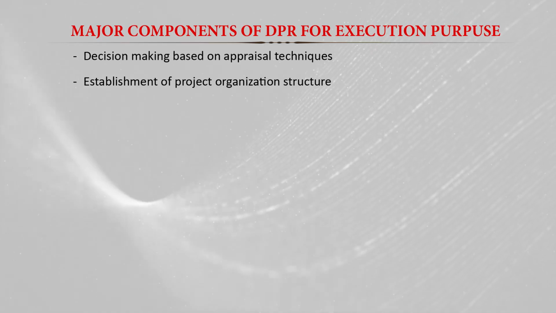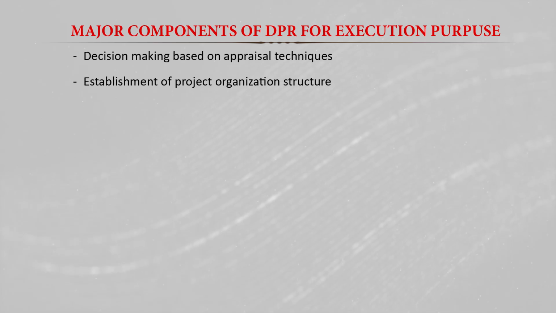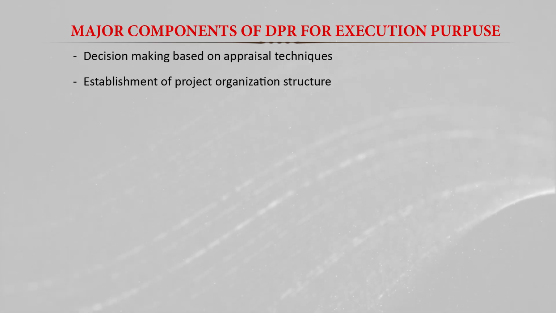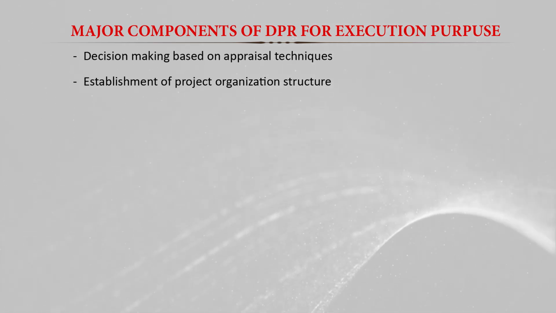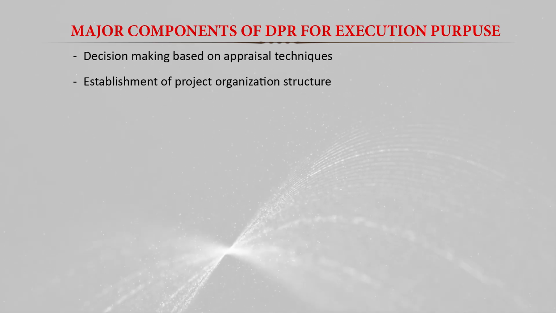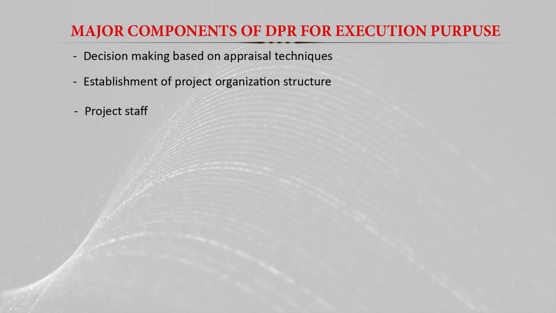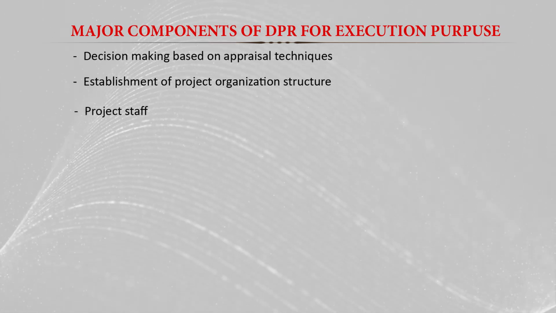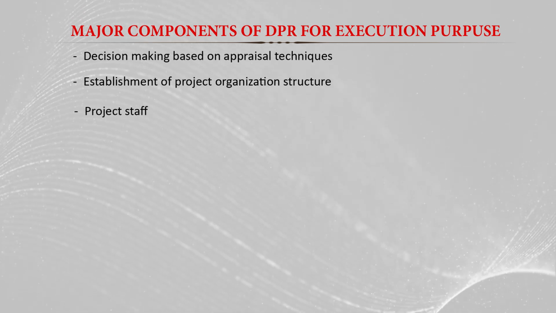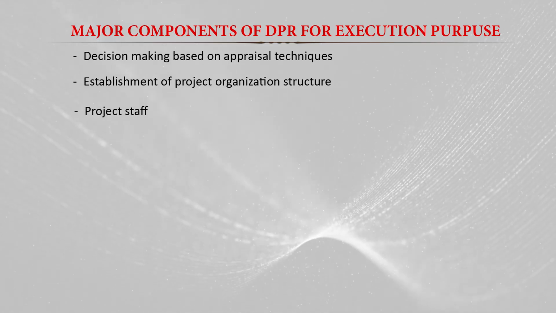The level of persons, the project management team, all types of structure, basically the institutional infrastructure and institutional setup, we describe in the detailed project report. Then we also describe the project staff: how many project staff will be required, and what type of skills we require in the project. Everything has to be defined.